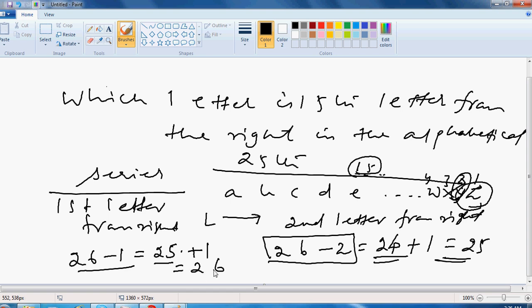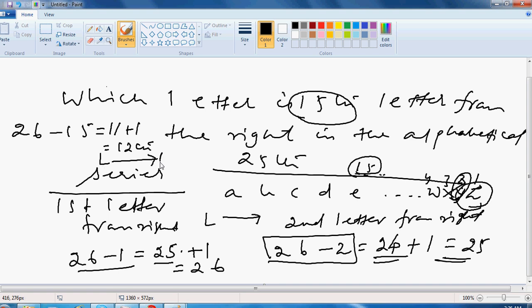There is no formula for this, but by practice we can say that if I want to get the 15th letter from the right, 26 minus 15 is 11, and finally add a plus 1, that is the 12th letter from the left to right series, and the 12th letter is L. Fine.